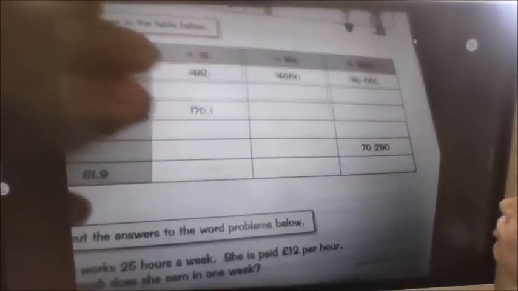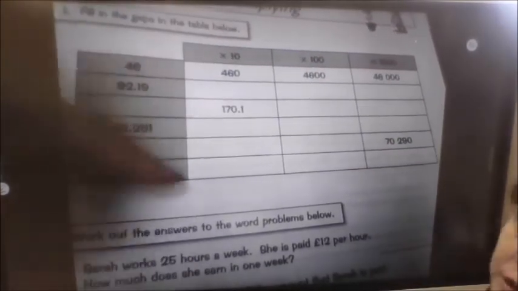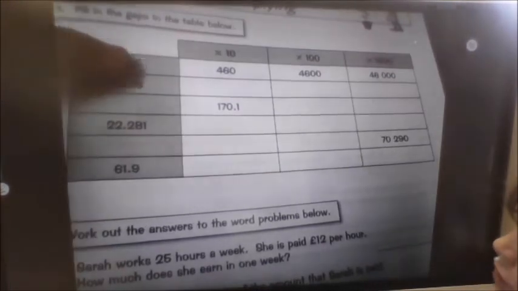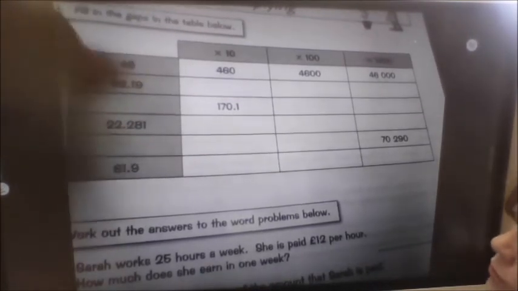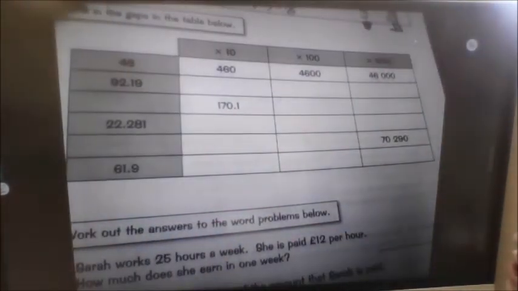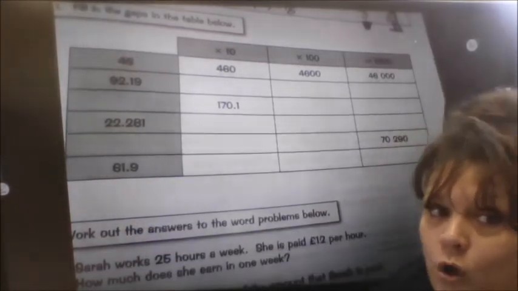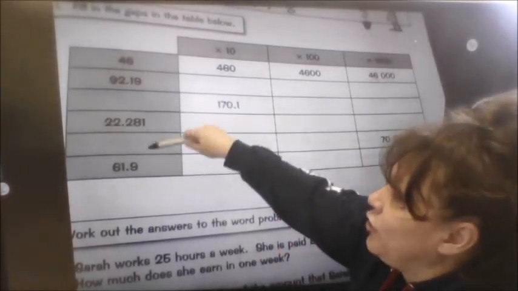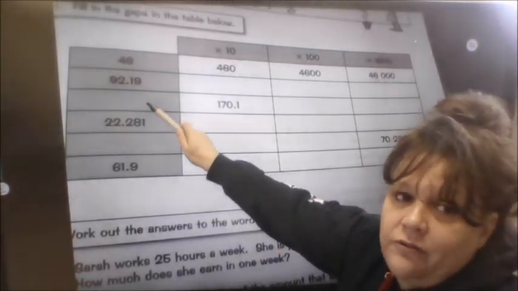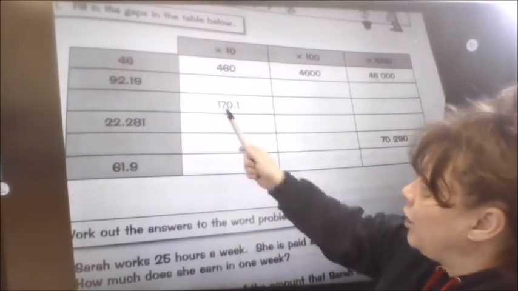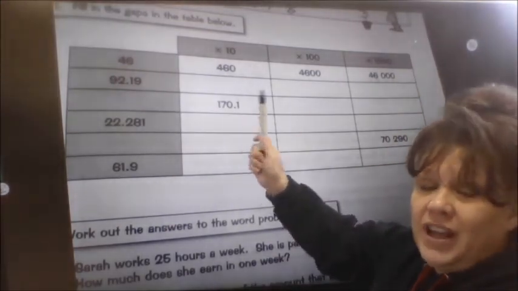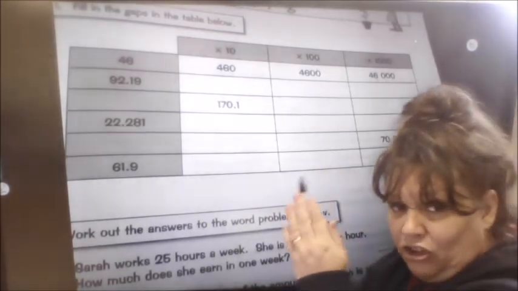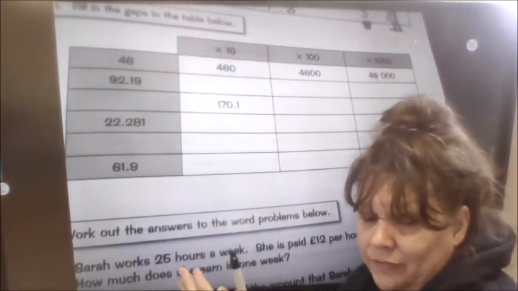So if you look at page 13, you're just going to do this question. Now, some of the numbers you've been given. So you've been given 46, and that whole row's been done for you to remind you how to do it. You've been given 92.19, you've been given 22.281, and you've been given 61.9. In the ones where you've got the gaps here, you've got to work out what this first number is. So here, if you multiply by 10, the digits have all moved one place to the left.